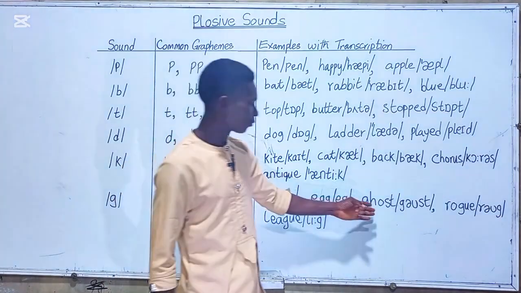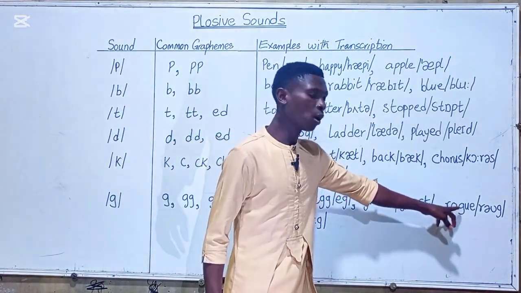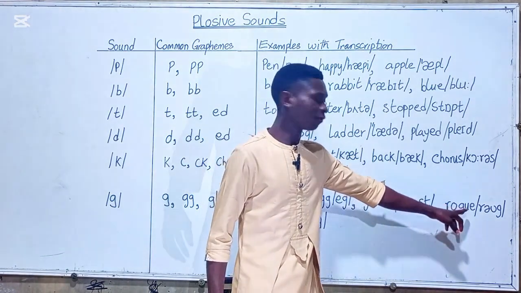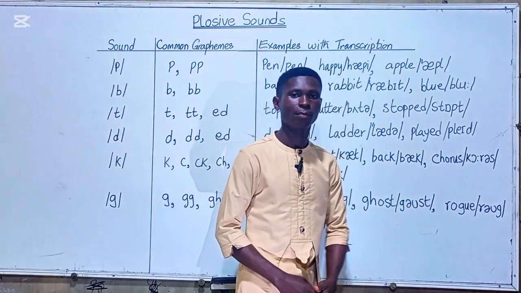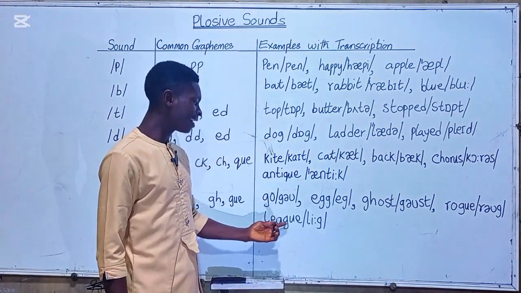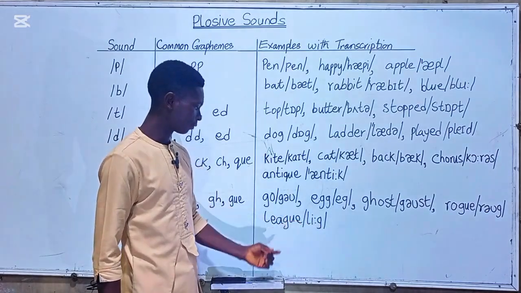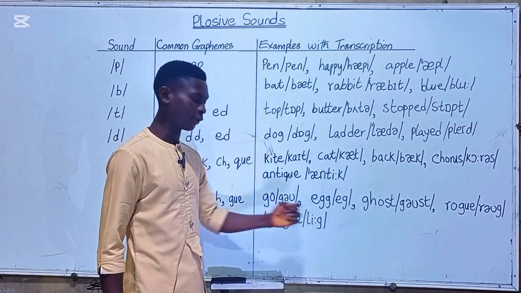All right. Then we also have rogue. So in place of GUE, we have the G sound. So again, we have league. In place of GUE, we have the G sound.